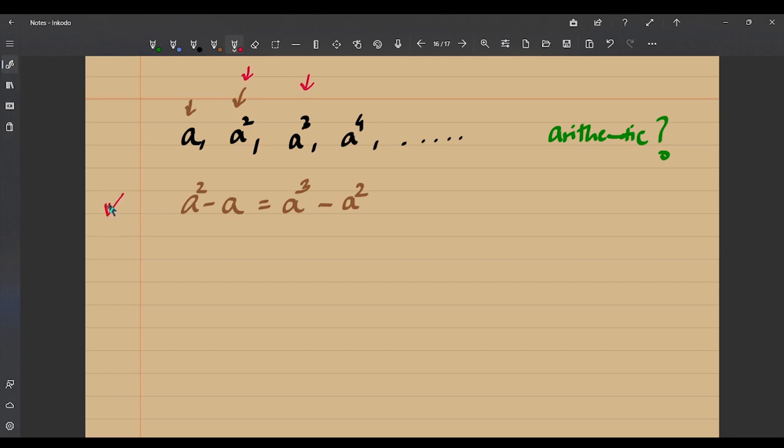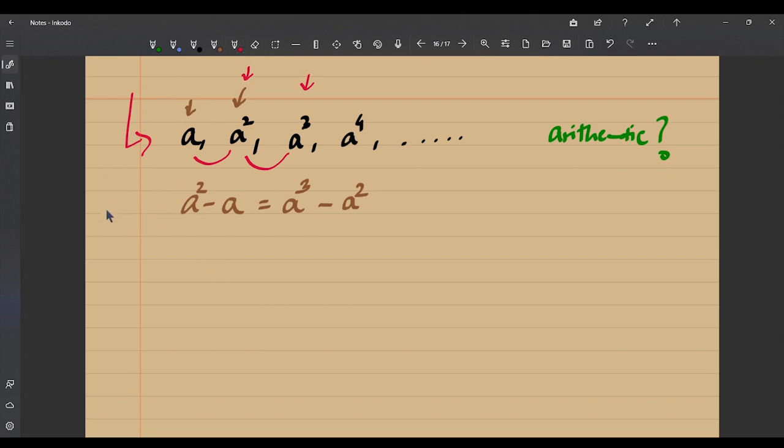The way I arrived at this is I am just saying that for this to have been an arithmetic sequence, the difference of consecutive terms should have been the same, and hence I wrote this equality. So pause the video if you don't understand this form of logic, and just ponder upon it, and then play the video, and you'll be fine.